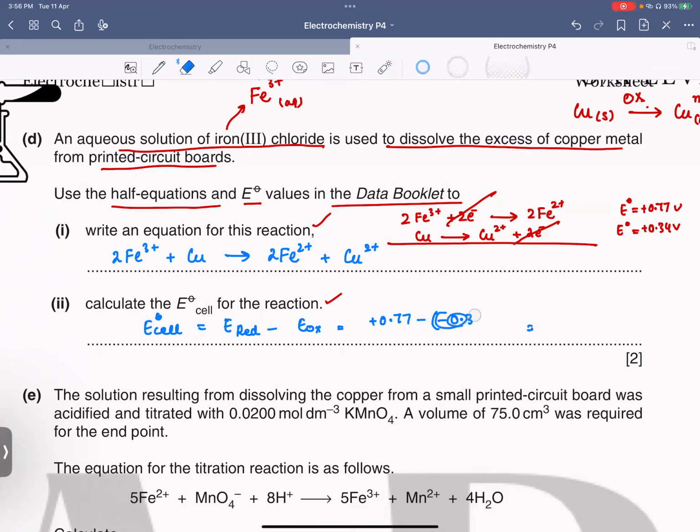Oh, sorry. Both are negative. Sorry. 0.43 volt. Yes, is this understandable?